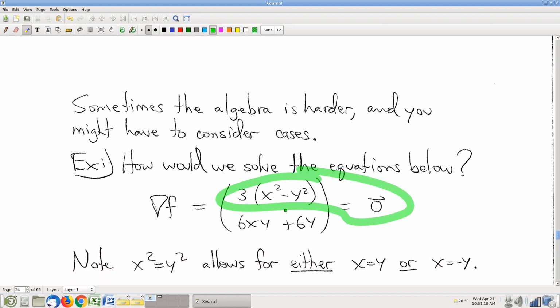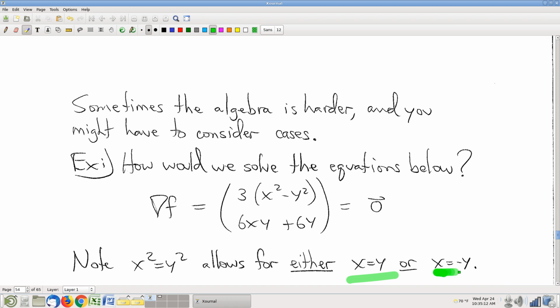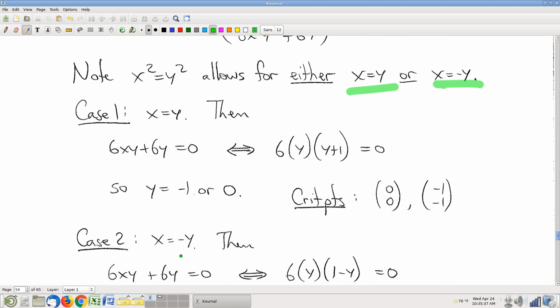There are two possibilities if x squared minus y squared is 0. x could be y or x could be negative y. You have to be really, really careful with this. To see this: if x squared minus y squared is 0, then x squared is equal to y squared. And remember that when you take the square root of both sides of an equation, there is this whole plus or minus worry. So you have to consider these cases, and there's no magically bypassing this.